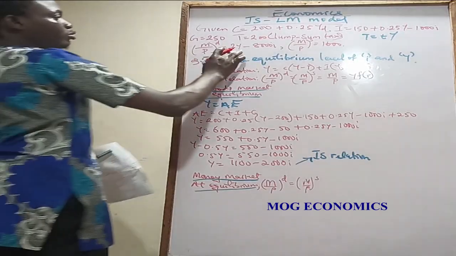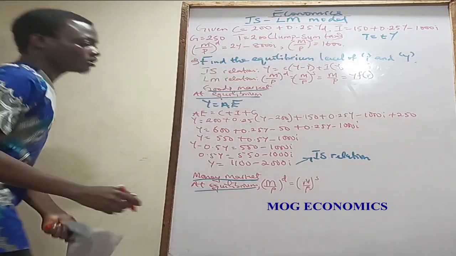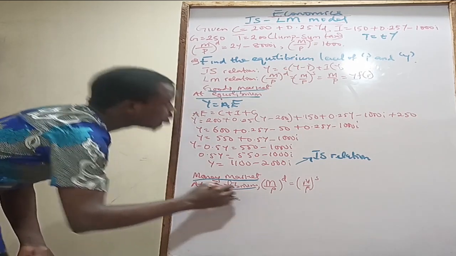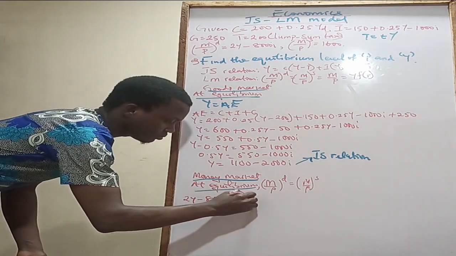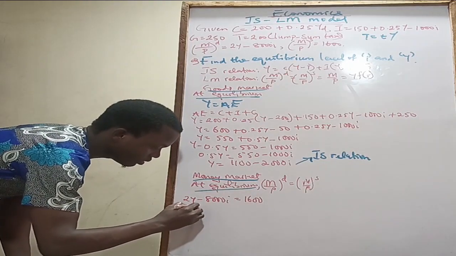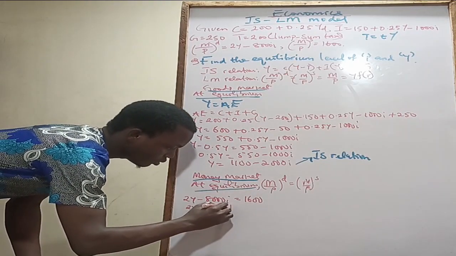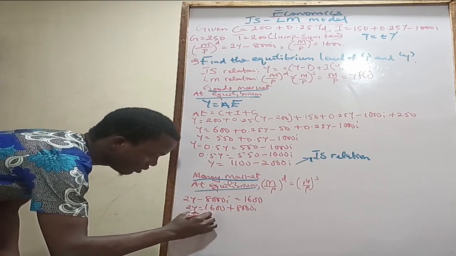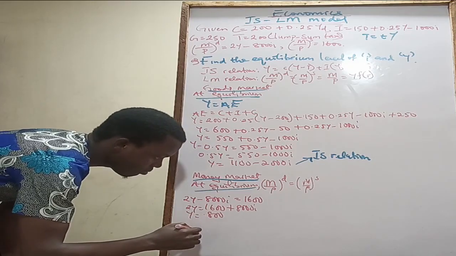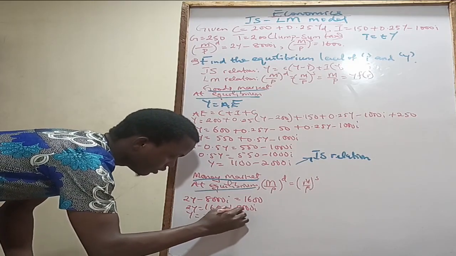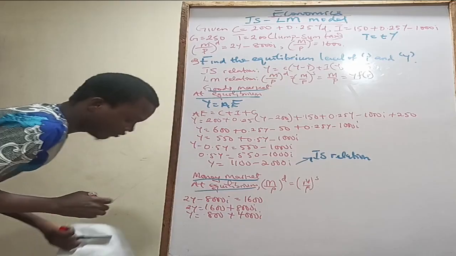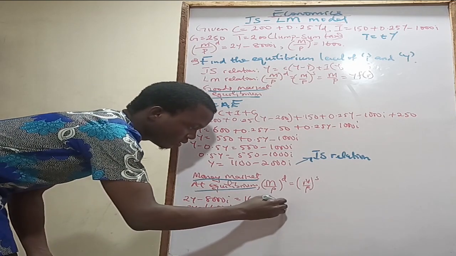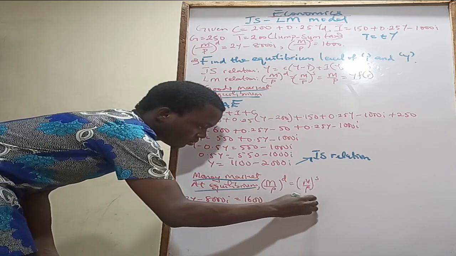So we are going to have 2Y minus 8000i equals 1600. So from here, 2Y equals 1600 plus 8000i, and then Y equals 800 plus 4000i. So you have to look for your LM relation. Just make Y the subject. That's all.